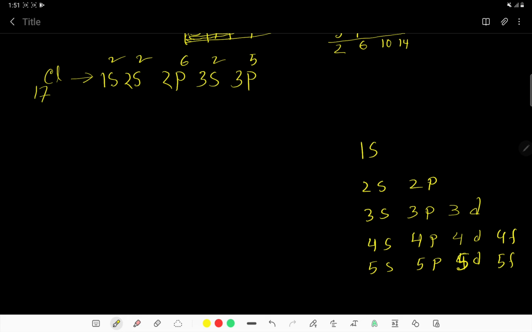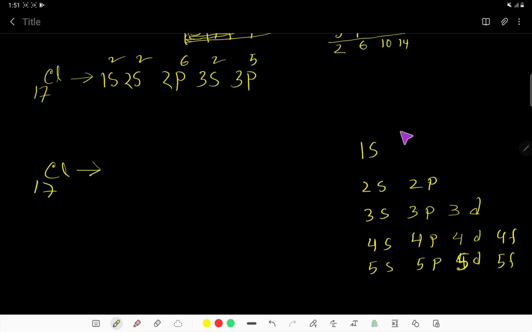Here we will get 5g, but we don't use it. We use up to the F sublevel, so we don't need to write that. 5s, 5p, 5d, 5f.